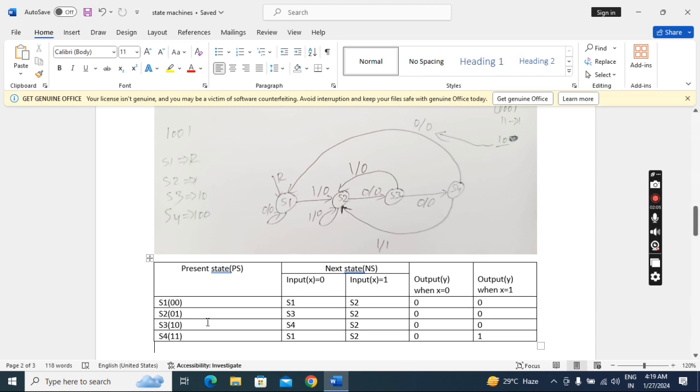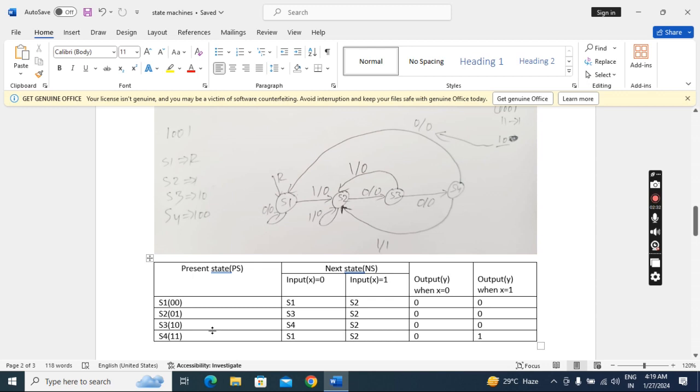So for 4 states, if I want to encode in binary, I need 4 combinations. We can create 4 combinations with 2 bits, no? So to create 4 combinations, 2 bits are enough: 00, 01, 10, 11. The order doesn't matter. We can write any order.